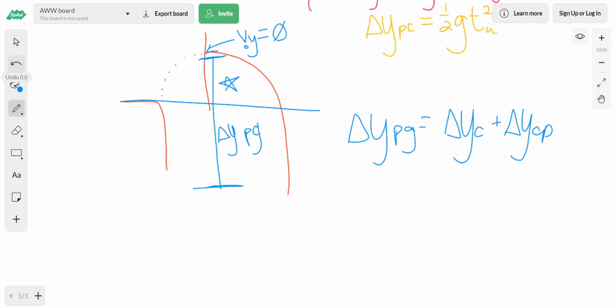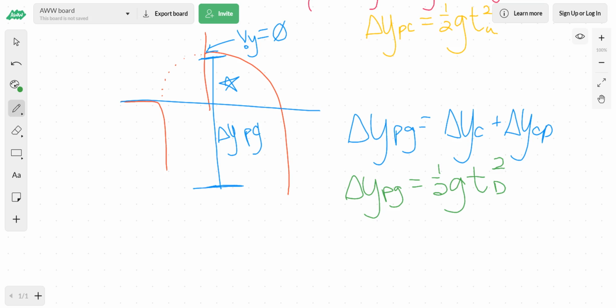Now, when you know that delta y peak to ground, you can use a couple of the other equations because now you have another y value. So you can use this delta y peak to ground in this equation to calculate the time it takes to fall down. This is the free fall equation, if you remember that, and it's free fall because it's just falling at this point. So delta y peak to ground is 1/2 gravity times time down squared.